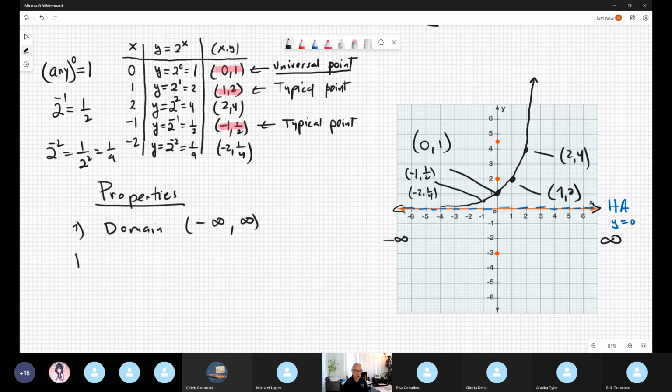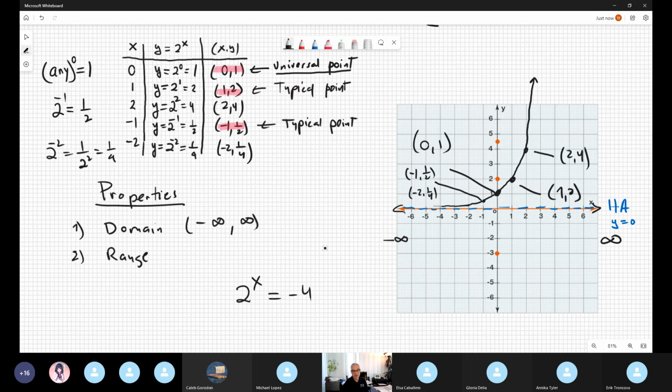But the range, no. The second property, the range, is only positive numbers. We have no exponential in the negative part. Never. The answer for the exponential never gives me a negative number. You see this in equations: sometimes, for example, some people write the equation 2^x = -4.